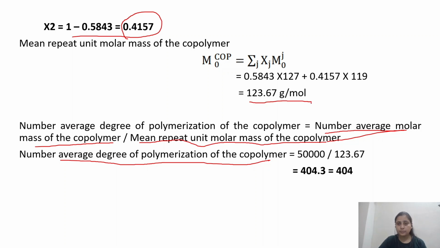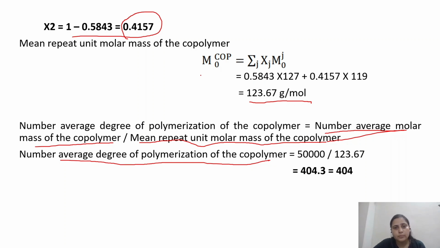So how to calculate the mean repeat unit molar mass of the copolymer? Its formula is here, and this formula is already shared in the lecture. We just need to apply this formula.